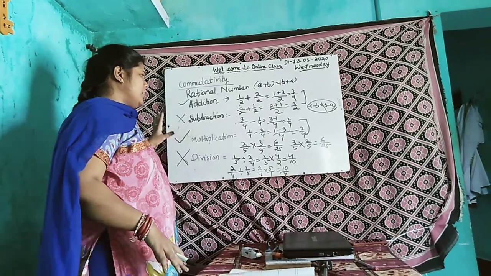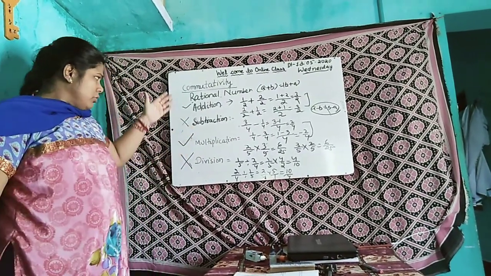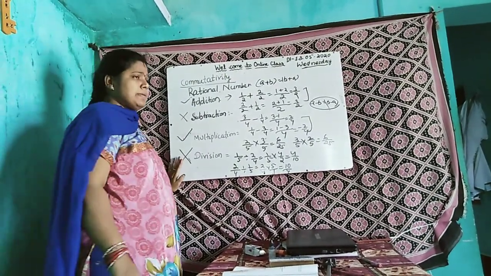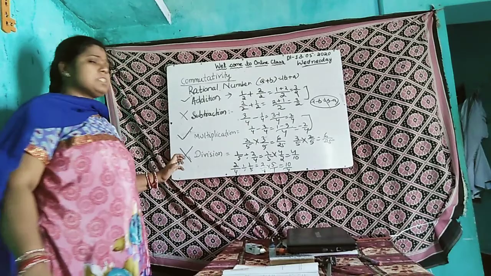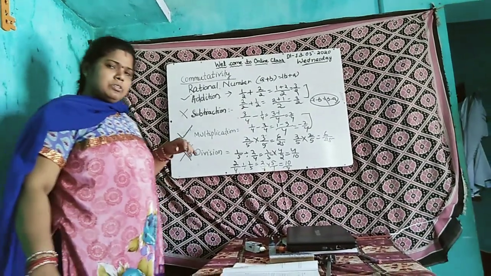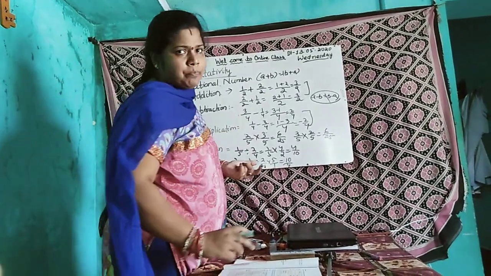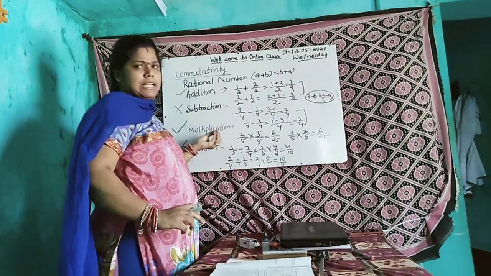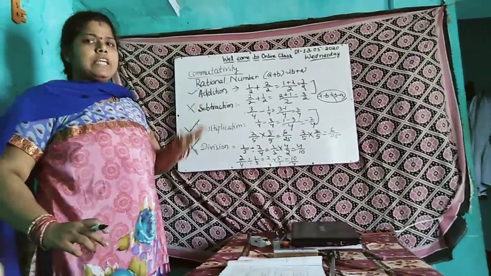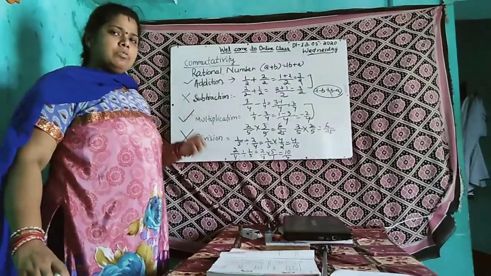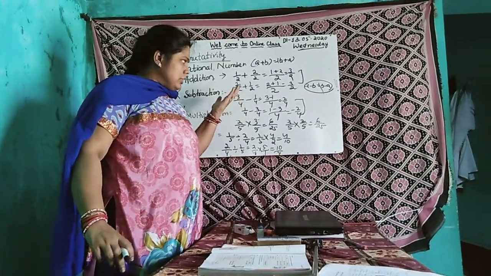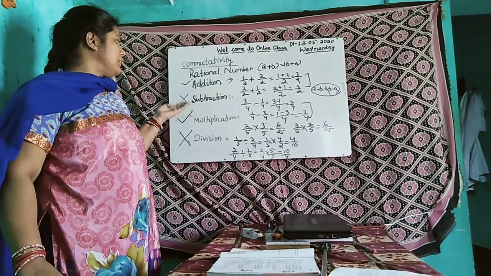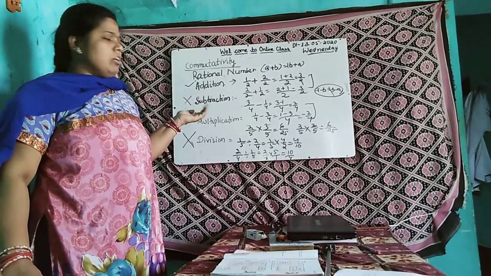I request you all to take some more examples of these addition, subtraction, multiplication and division properties for rational numbers and whole numbers. Try to solve them yourself and see whether these properties are satisfied or not.